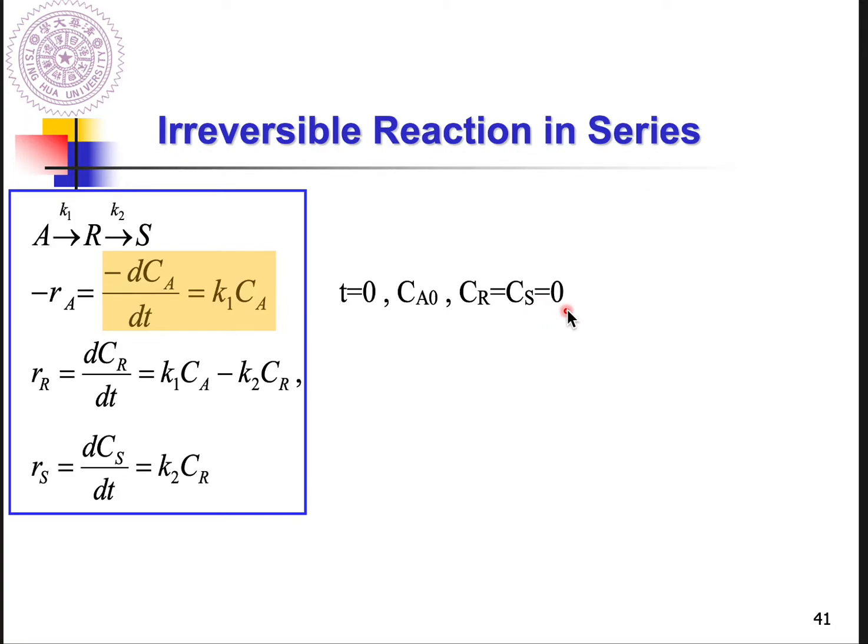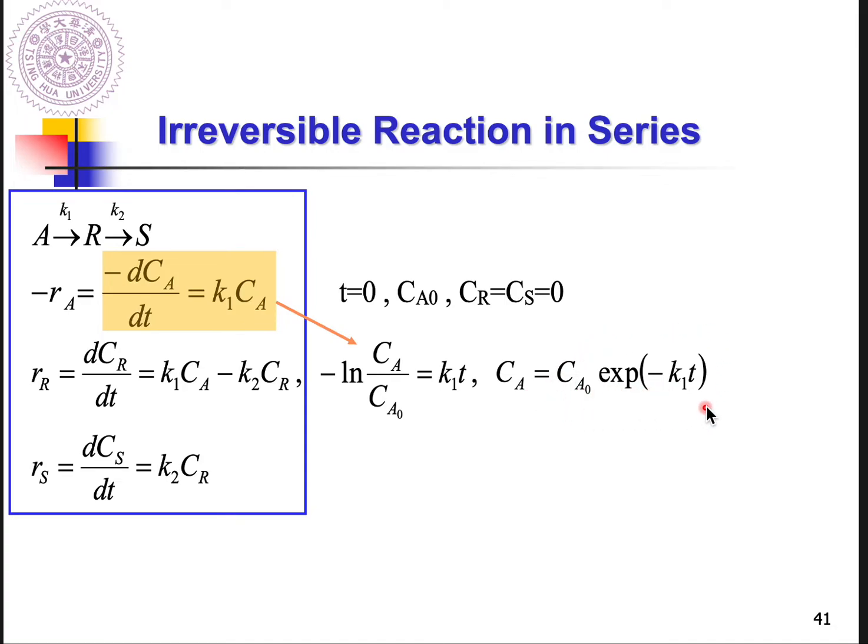Based on these initial conditions, we move CA to the left-hand side and dt to the right-hand side, and take the integral on both sides. CA is integrated from CA0 to CA, and t is from 0 to t. Then you get the solution, with CA as a function of t.